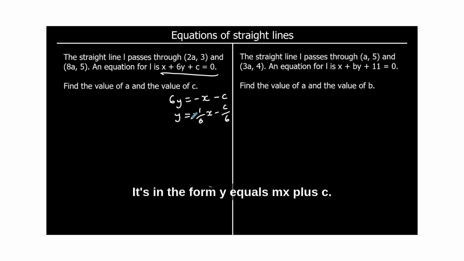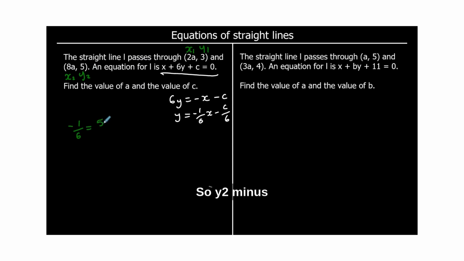It's in the form y equals mx plus c. And then we can use x1, y1, x2, y2. So the gradient is the change in y's, so y2 minus y1 over the change in x's. 5 minus 3 over 8a minus 2a.